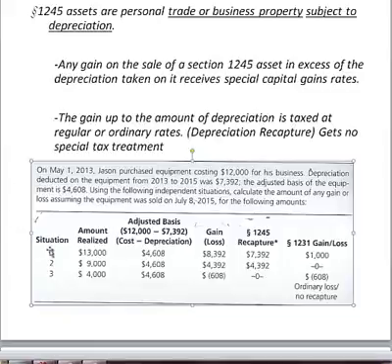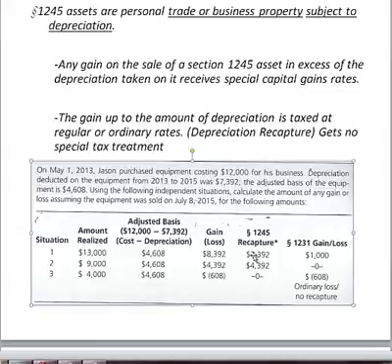In situation 1, Jason sold the equipment for $13,000. His basis, as indicated in the problem, is $4,608. So that gives us a big gain of $8,392. However, some of this gain is attributed to the amount of depreciation, and the company has already benefited from taking this depreciation in the past.